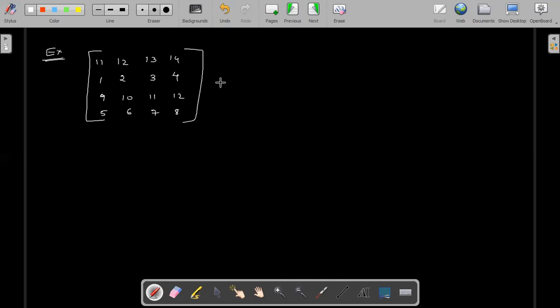Take one more matrix, B also. B is equal to, take like this: 2, 20, again 12, 4. Now 3, 30, again 13, 5, like this. Again 4, 40, 14, again 6.